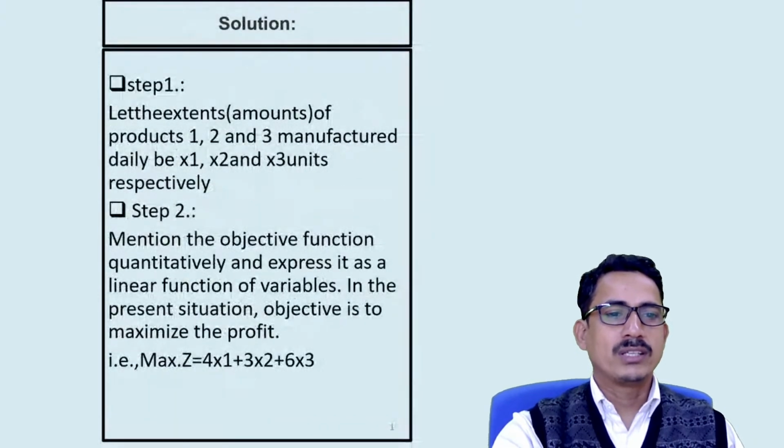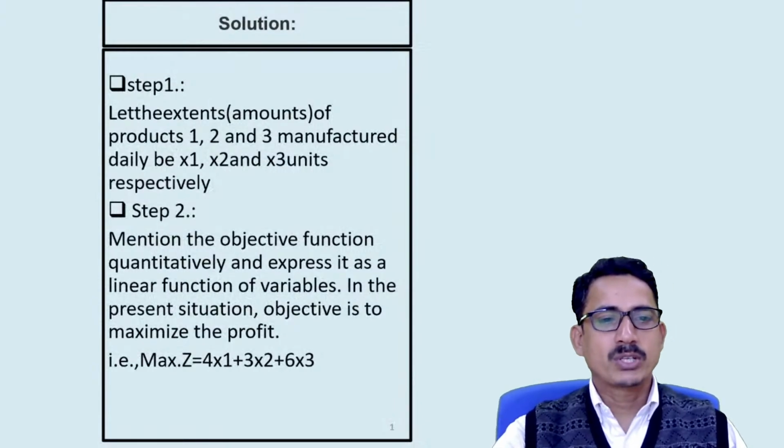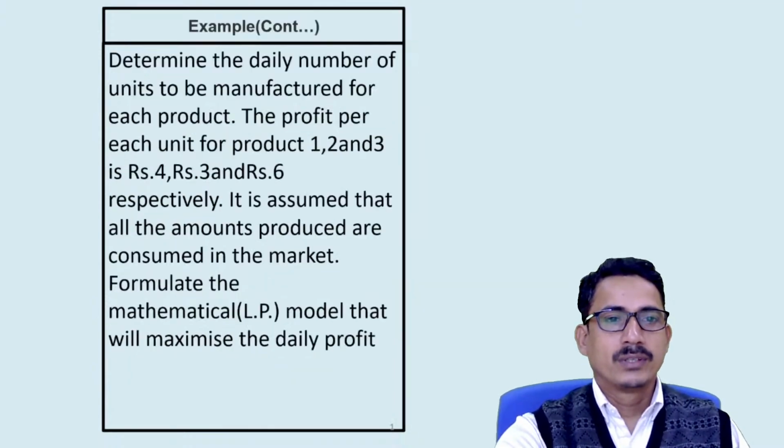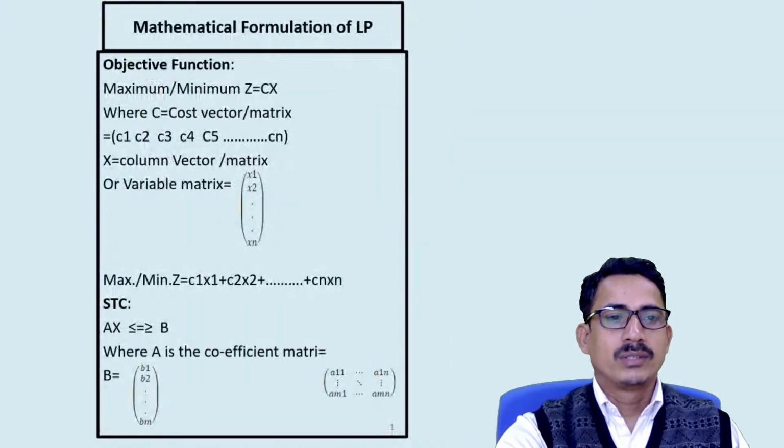Now, if you just come to the previous slide, you can understand. When the objective function is expressed as max z is equal to 4x1 plus 3x2 plus 6x3, I said to you, check: max or min z is equal to c1x1, c2x2, c3x3 up to cnxn. But in this question, you have 3 variables. Why?